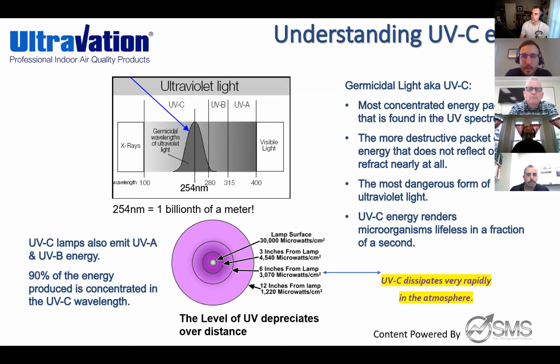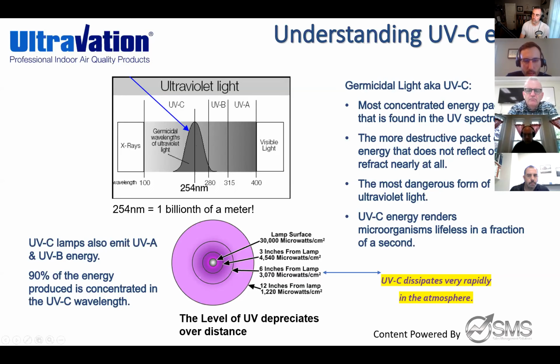It is the most concentrated form, which means it is the most destructive packet of energy, and it does not reflect or diffract nearly at all. It is the most dangerous form of ultraviolet light as well. UVC energy renders microorganisms lifeless in a fraction of a second, so it is extremely dangerous, and that is why it is the best form of UV light that you can use, and why it is so effective.